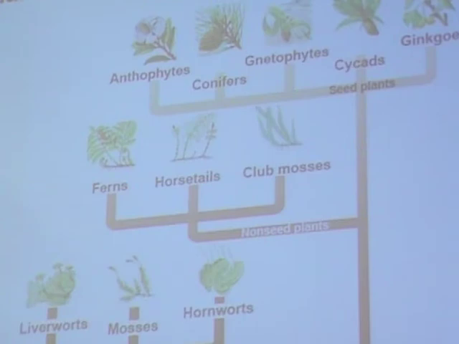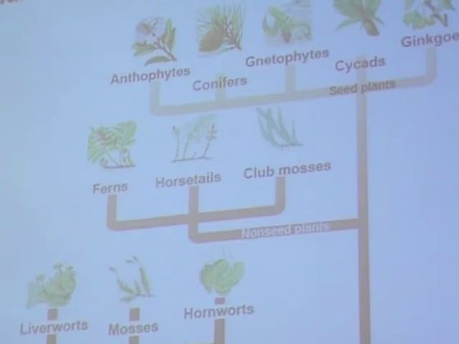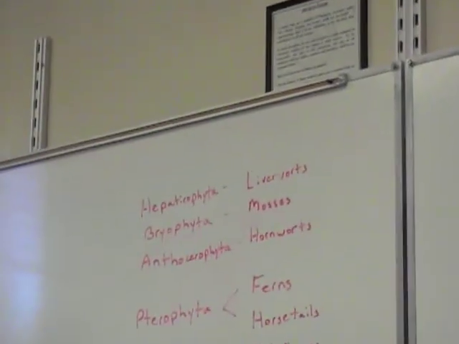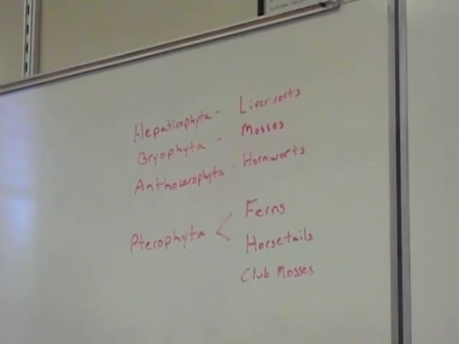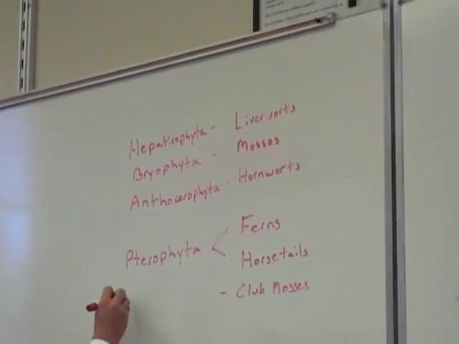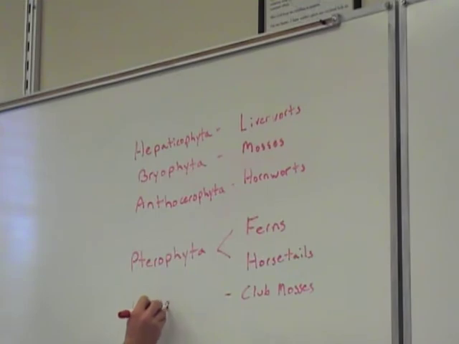What if you're terrified of horsetails? Terrified of horsetails too. Horsetails are pretty cool. Pterophyta. And then club mosses are Lycophyta. So what's the difference between a club moss and a moss? I'll show you when we get to club mosses. It has to do with their structure. A moss doesn't have vascular tissue, a club moss does.